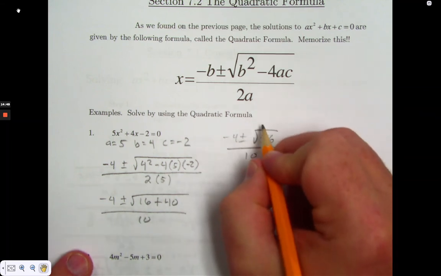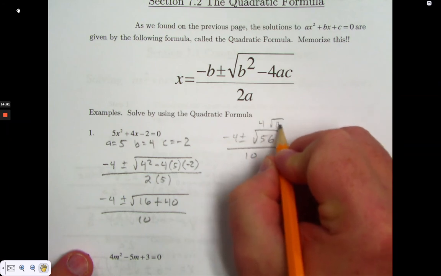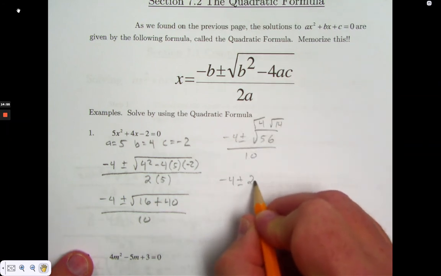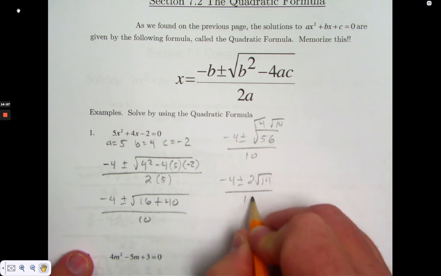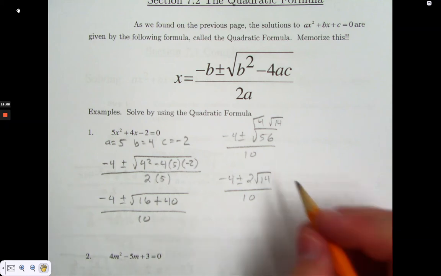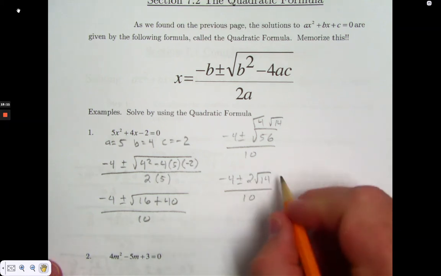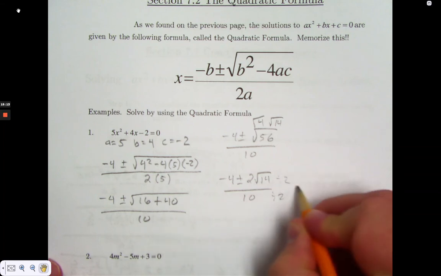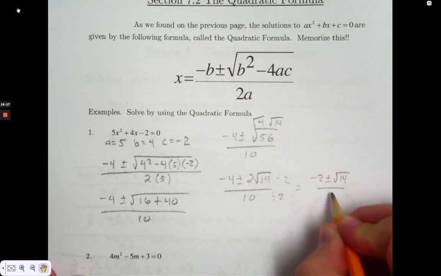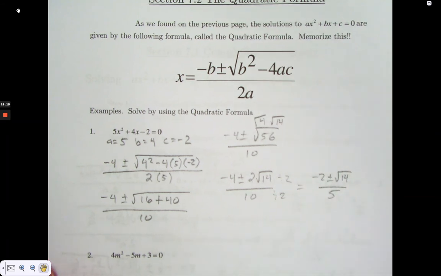56 breaks down to 4 and 14, so that's negative 4 plus or minus 2 root 14 over 10. Is there anything we can take out of all of those? Yep, we could take a 2 out. If I divide each piece by 2, top and bottom, that gives me negative 2 plus or minus the square root of 14 all over 5.